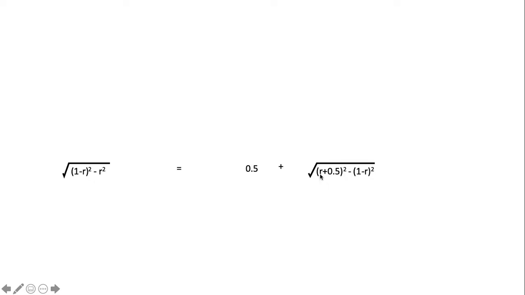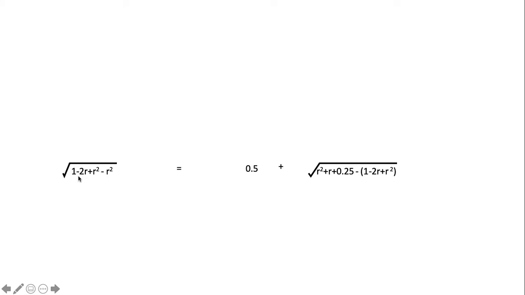An r from the first bracket times a 0.5 from the second bracket plus a 0.5 from the first bracket times an r from the second bracket gives you a whole r. And then a 0.5 times a 0.5 gives you 0.25. So I basically multiplied all the brackets out, and then remembering that this minus in front of 1 minus r squared applies to all of it when I multiply it out.